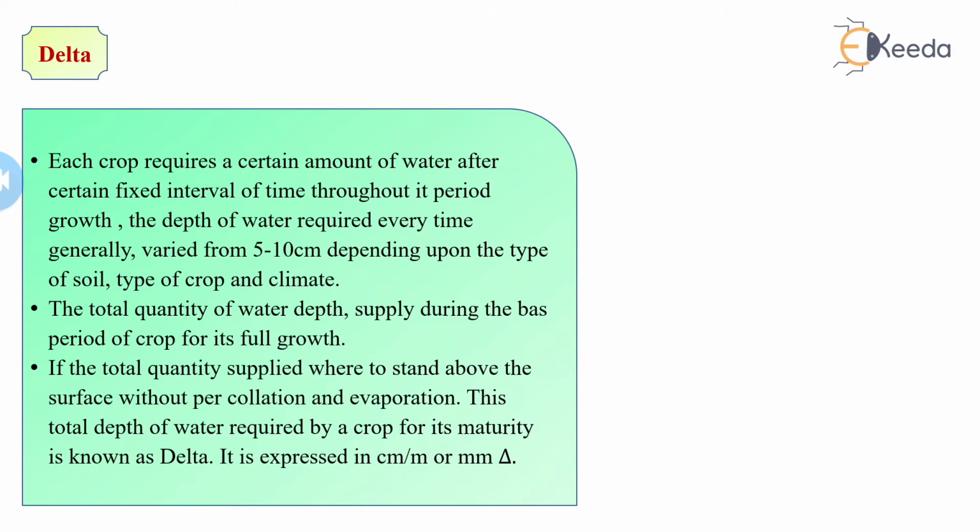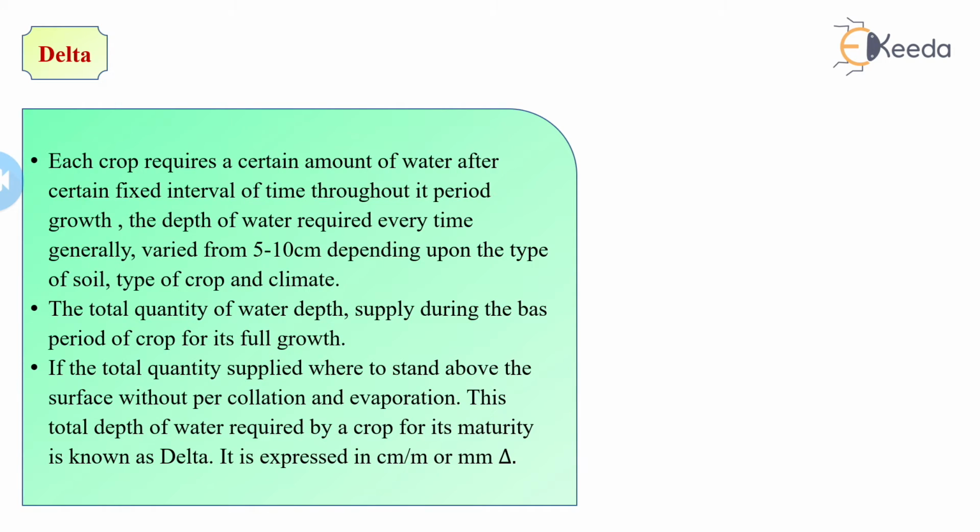So, for example, if a crop requires about 12 waterings at an interval of 10 days and a water depth of 10 centimeters in every watering, then the delta for that crop will be 12 into 10, that is 120 centimeters.